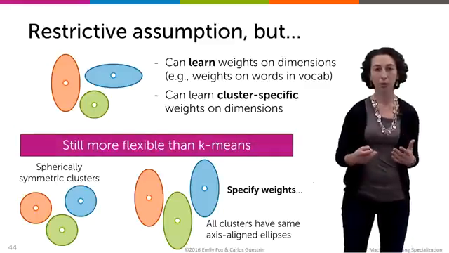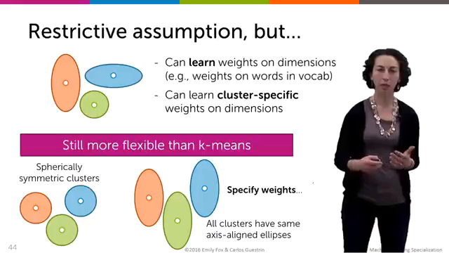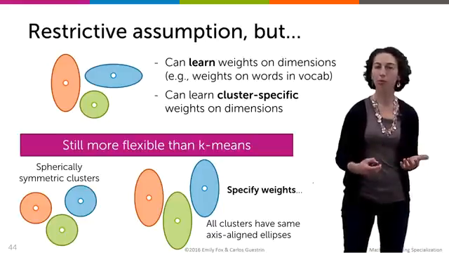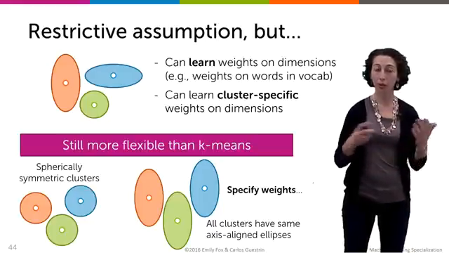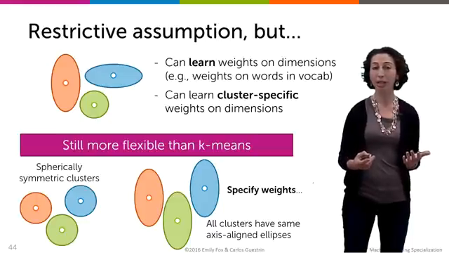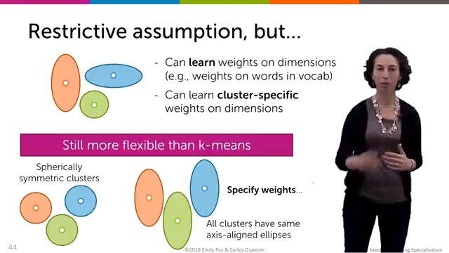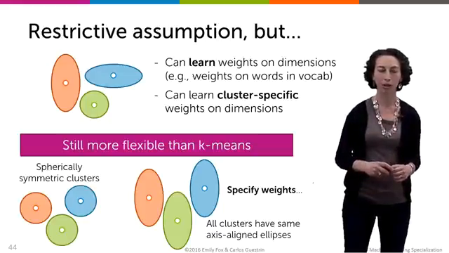So this represents a formulation that's still a lot more flexible than what we had in k-means. Because remember, in k-means, the typical formulation would just assume spherically symmetric clusters. That's a specific case of axis-aligned ellipses where the variance terms are all the same. They're all sigma squared along the diagonal.